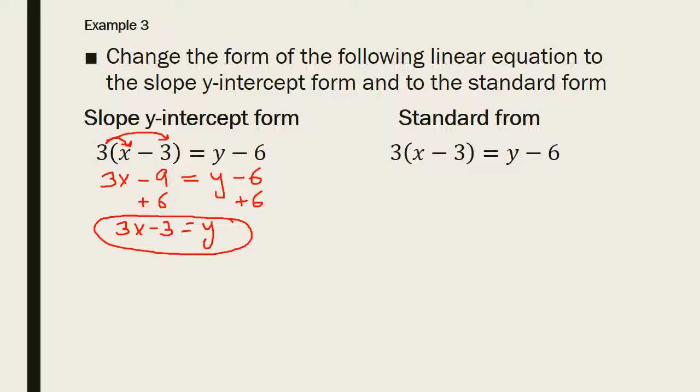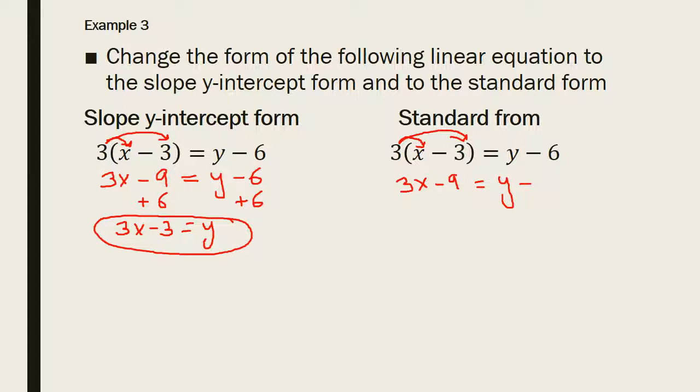Now I'm going to change the equation again, but this time to the standard form. So I'm going to have to distribute again. So I have 3 times x is 3x. 3 times negative 3 is negative 9, equals y minus 6.